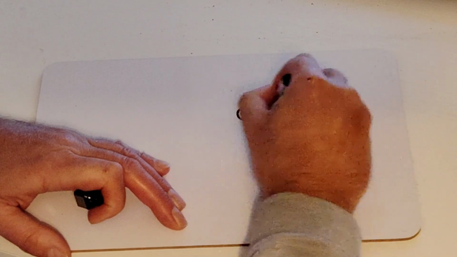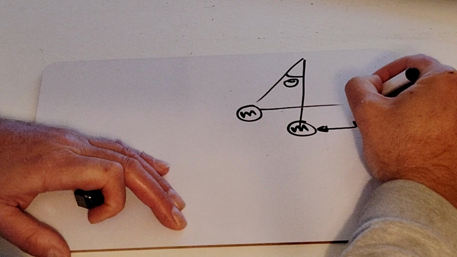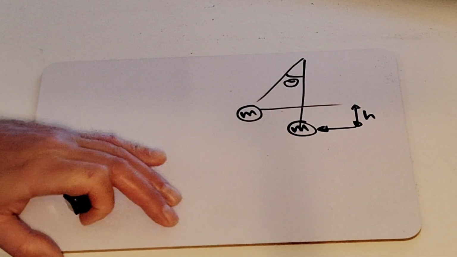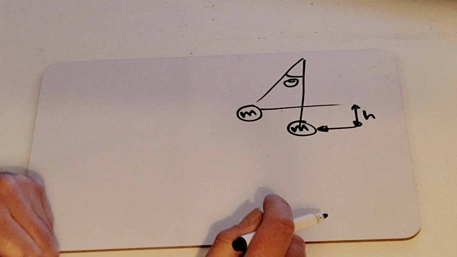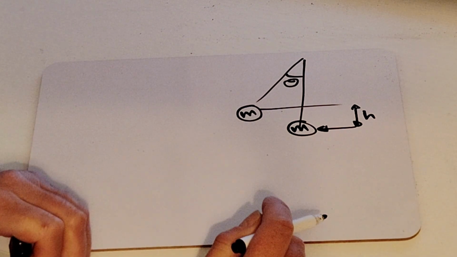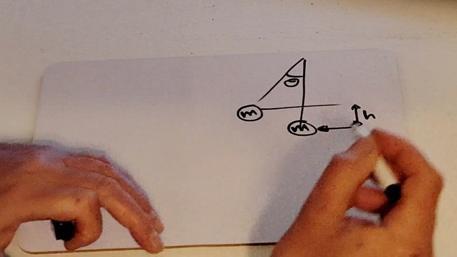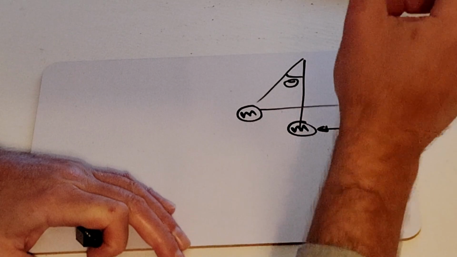So if we draw a horizontal line across, we're looking at the height at which the centre of mass of the bag is raised, and that will give us an indication of how much energy is being transferred, determining the potential energy gained from the increase in height.